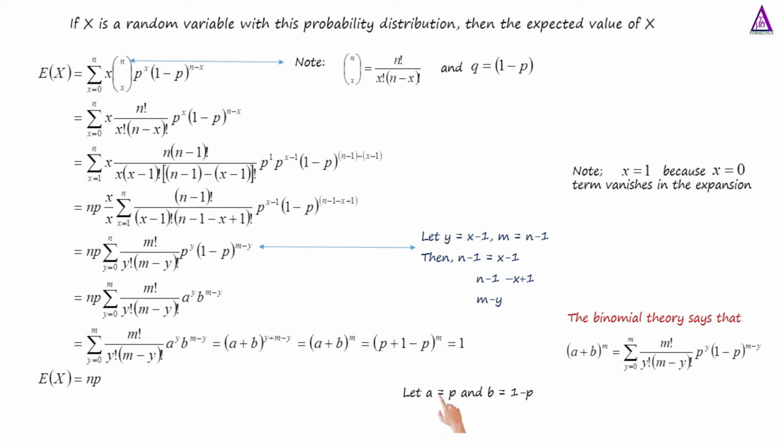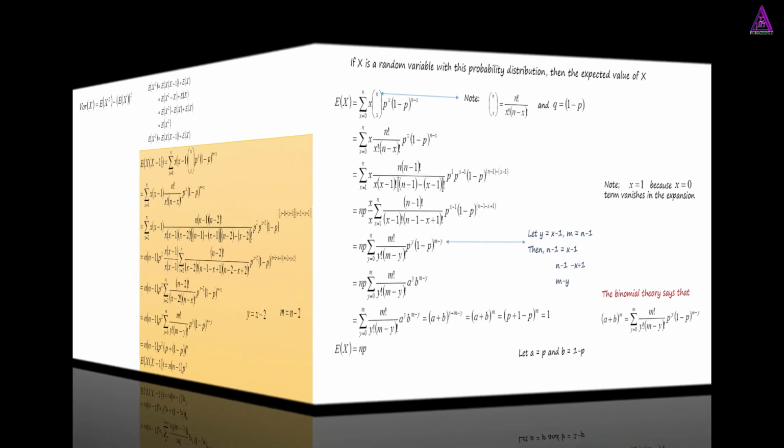And we say that a is our p, b is 1 minus p. And if you look at what is a, we can say that p cancels p, remain 1, and 1 raised to power anything is 1. So therefore, everything that is a is 1. Therefore, our expected value of binomial distribution is now np.